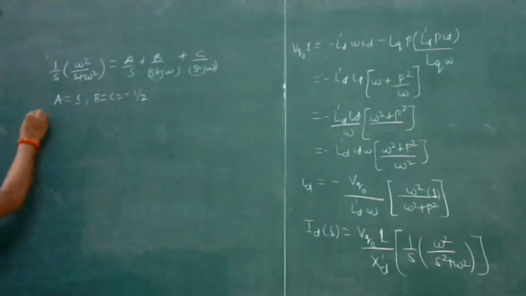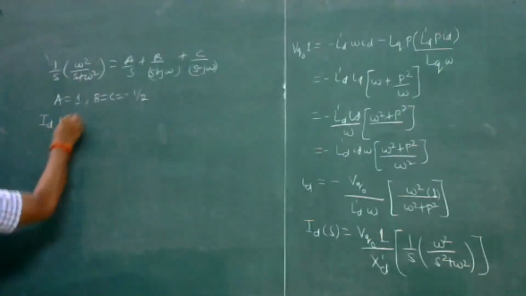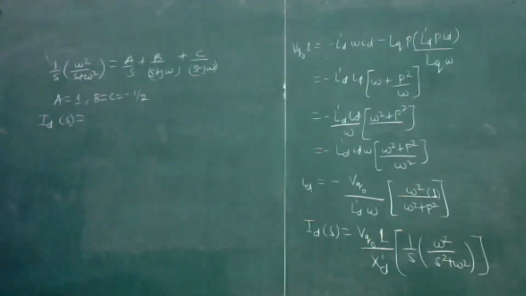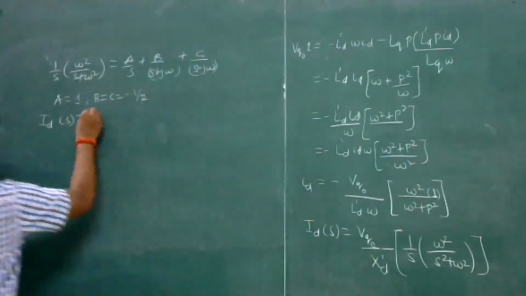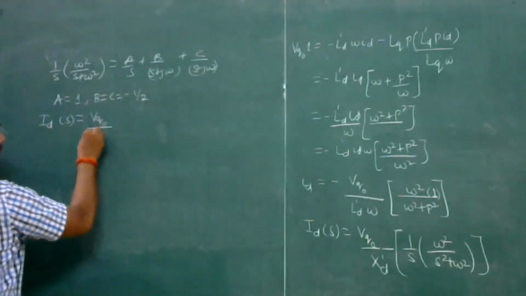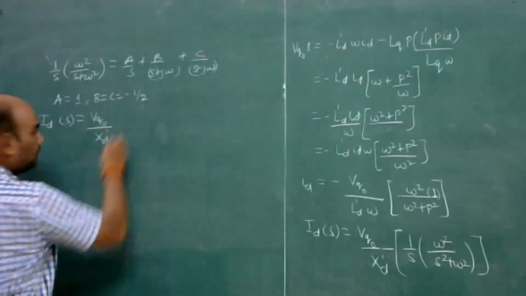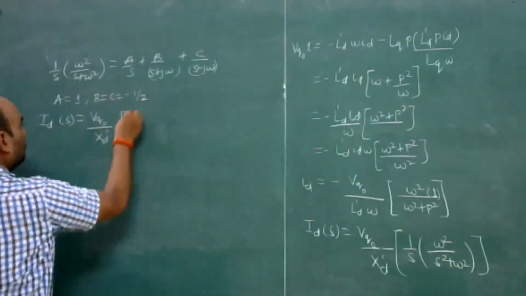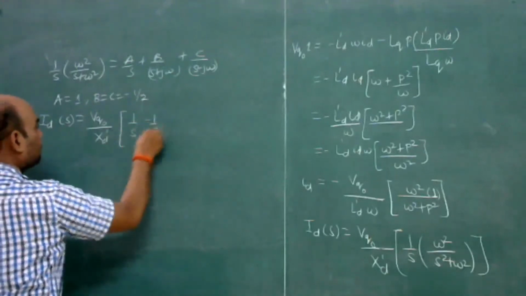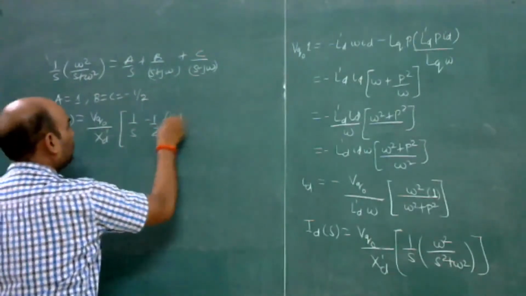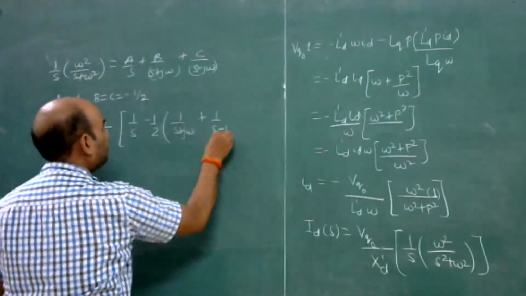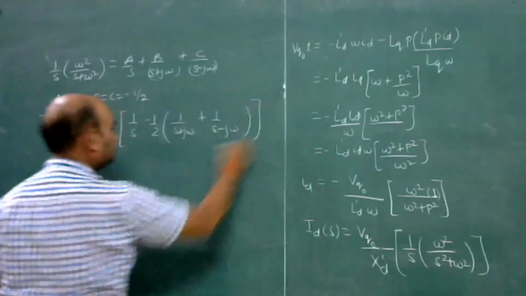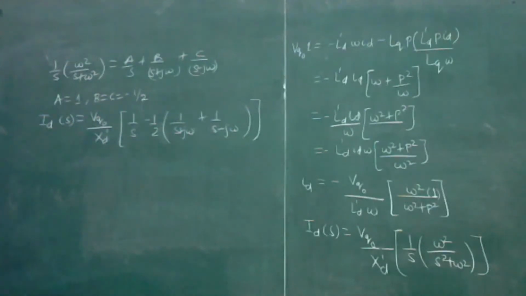Okay. So IDS will be equal to VQ naught divided by XD. Okay. So this is 1 upon s minus half 1 upon s plus j omega plus 1 upon s minus j omega. Okay.